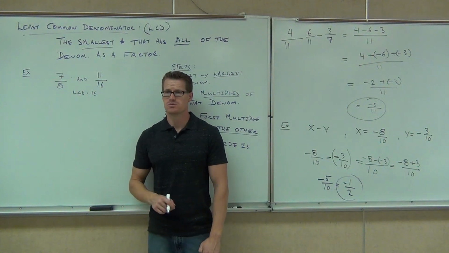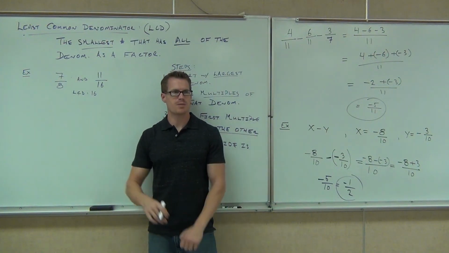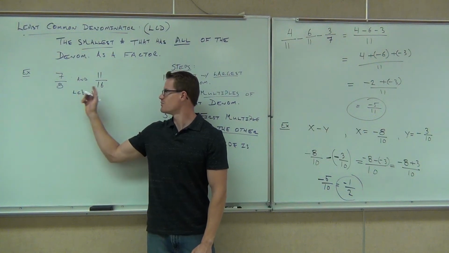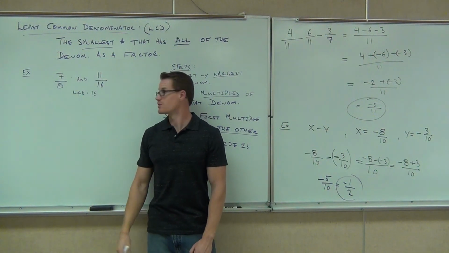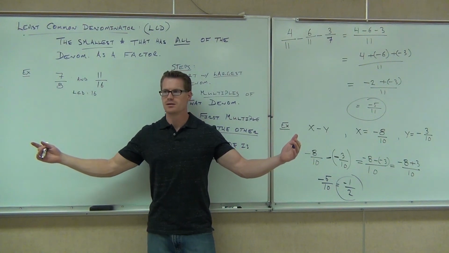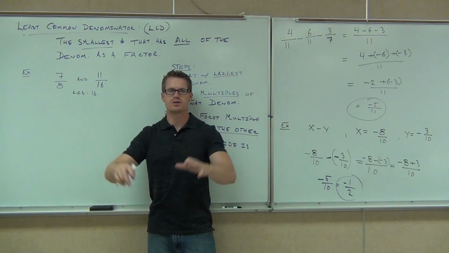There's 32. There's 64. There's 48 that works. Do we want the biggest denominator or the smallest? Smallest. So don't give me stuff like 64. Don't give me 16 times 8. That'd be way too big. That's huge, right? We want the smallest one.